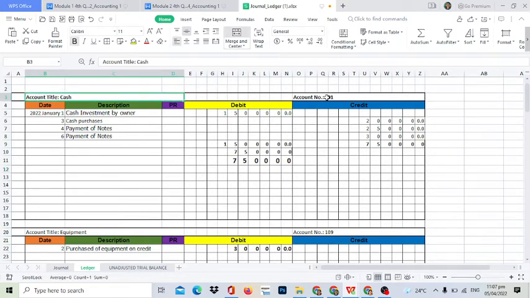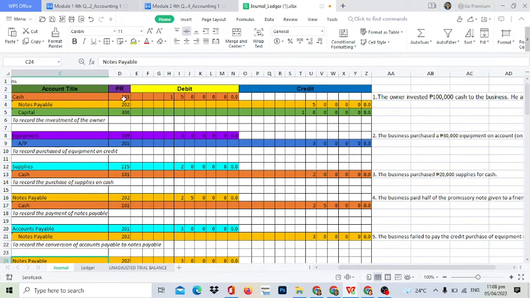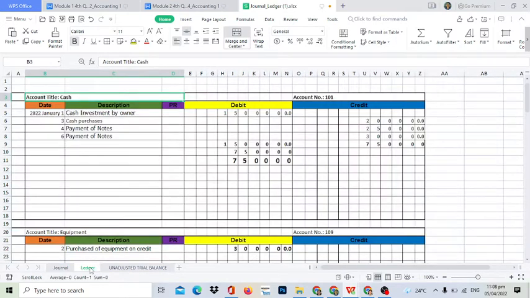And then yung account number po, yan po ay makikita nyo dito sa may post reference sa journal. So, unahin po muna natin yung mababang number hanggang 10. Yung huli po yung mataas na number. So, since nag-start po sa 101, 101 po yung ita-transfer po muna natin dito sa may ledger. So, ito po lahat ng 101.